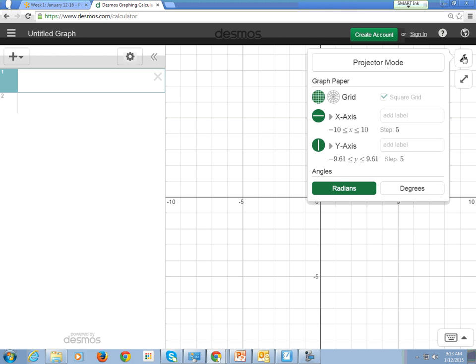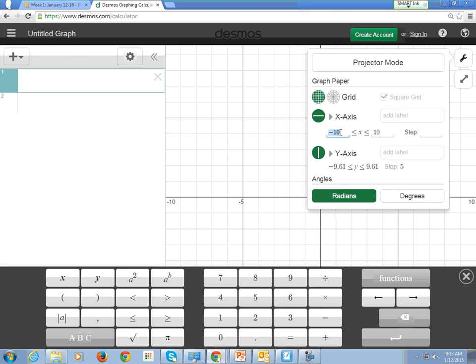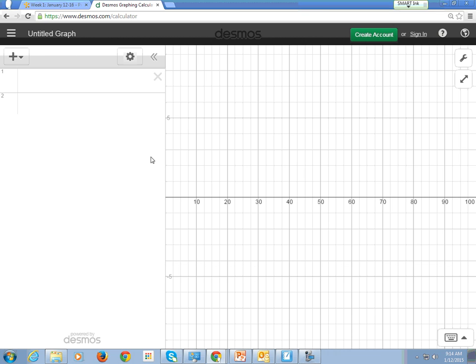Graph settings. So here it is. It'll let you change what your X-min and X-max could be, and let you modify what you count by. So then this goes from 0 to 100, counting by tens.